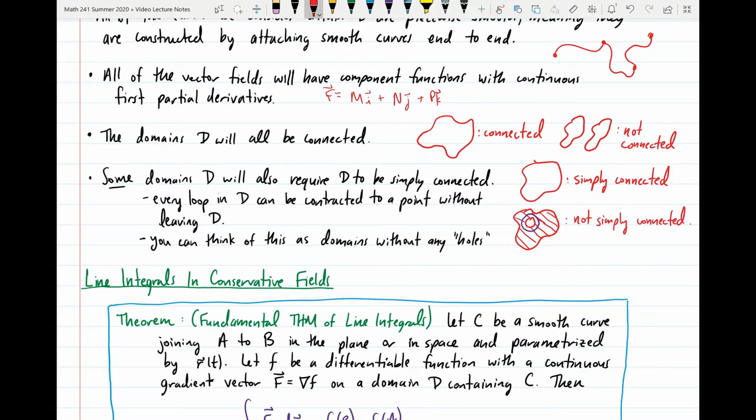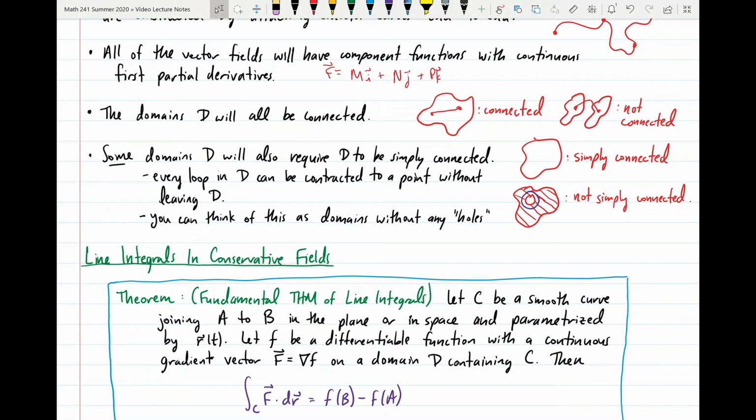So if you look at the example that I have on the right here, notice that I can't travel from this point to this point without leaving the region or the domain here. So if I wanted to try and travel from this point to this point, I'd have to go outside of the region to get there. Whereas if I pick any 2 points inside of this region over here, there's always going to be a path inside of that region that allows me to get from one point to the other point.